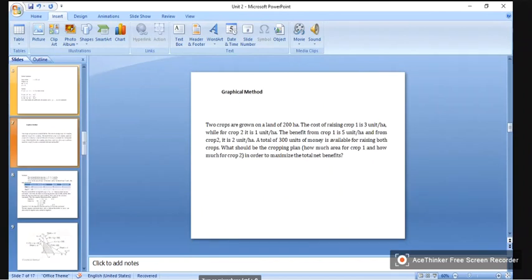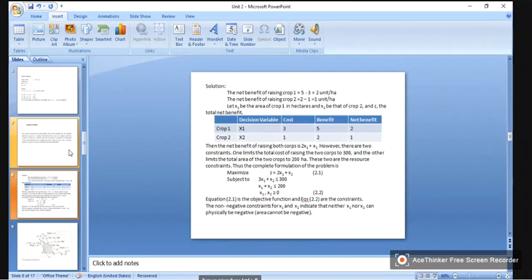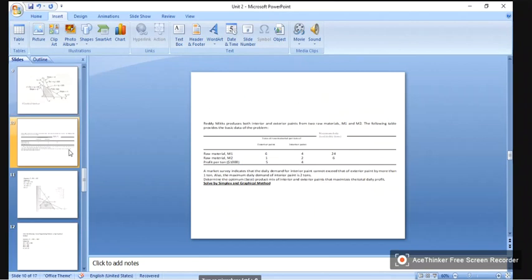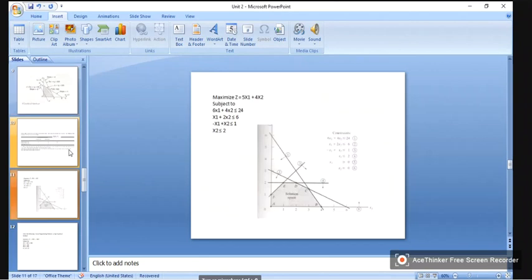So this is the crop problem. Are you able to see the crop problem? And we found the graphical solution. And this is the ready mix problem. We found the solution by graph.